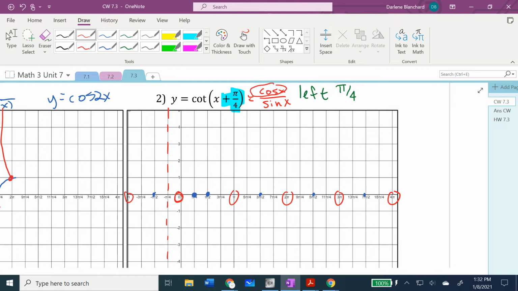Then I was going to have an asymptote at pi, shift it over pi over 4, left 1 unit. And then I'm just going to stop right there. And then this point moved over. I'm going to erase the points that I had to move so that they don't get confused.